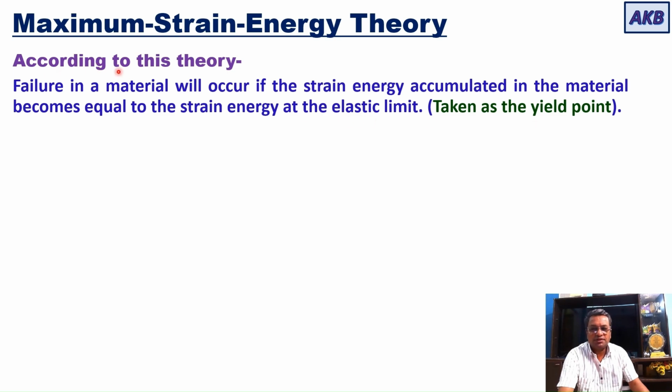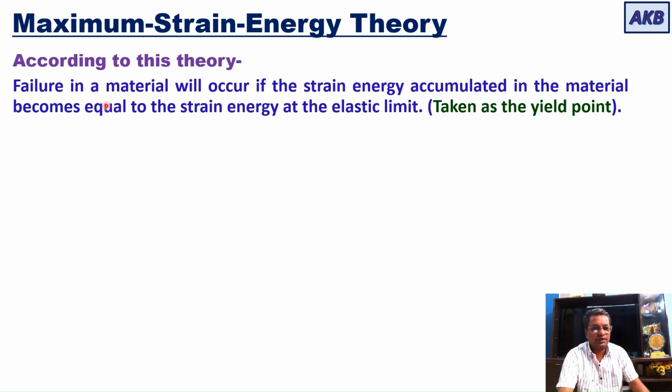As per this theory, if the strain energy accumulated in the material under the influence of applied load becomes equal to the strain energy that would be accumulated at the elastic limit, then the material is going to fail.